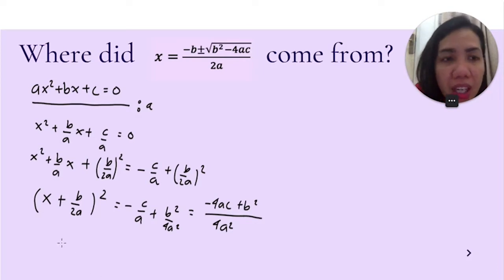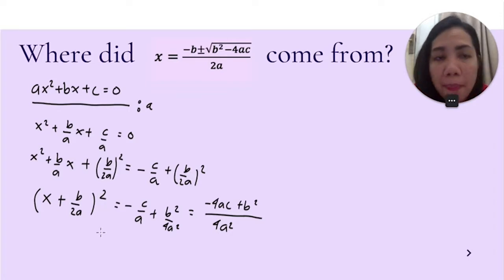Now let's continue. Because we want to have only x on the left side, we have to get rid of this square. Do you know how? By taking the square root. Let's take the square root of both sides.